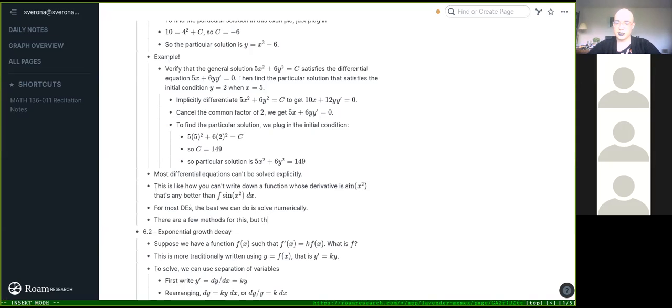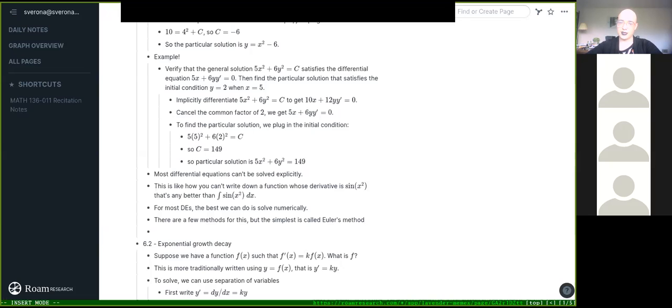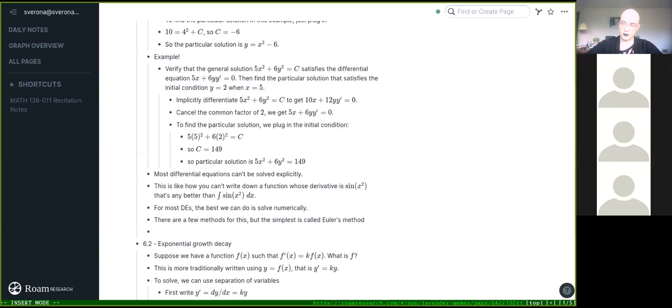The simplest is called Euler's method. And so here's what Euler's method is.